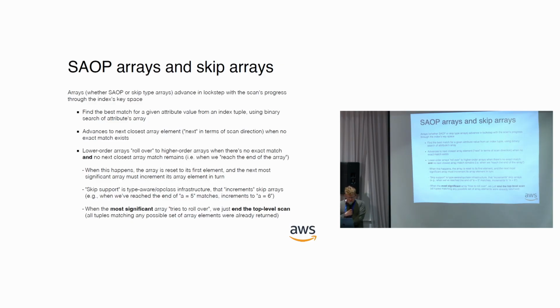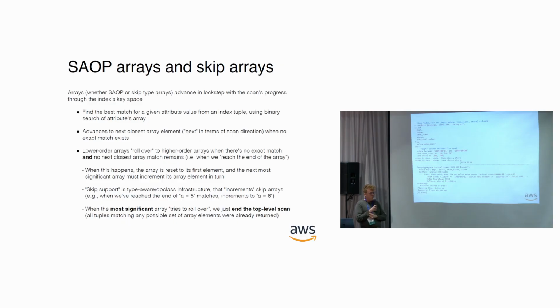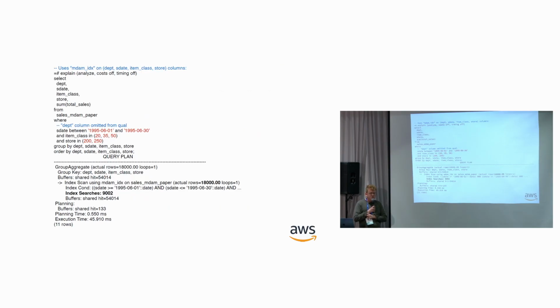So I'm going to show you an example here. This is a fancy, kind of complicated example, which is directly lifted from the source material, the MDAM paper. This is combining many of these different constructs together at the same time, and everything works just as well as it possibly could.